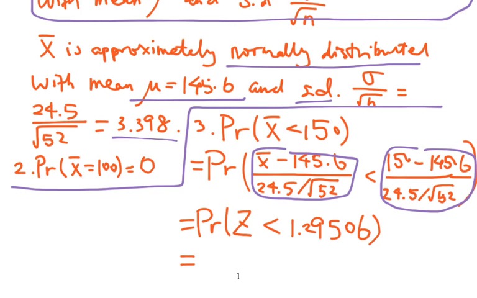And by looking at the normal table, or by using software or using your calculator, we can see this has probability of 0.90235. Okay, this will be the final result.